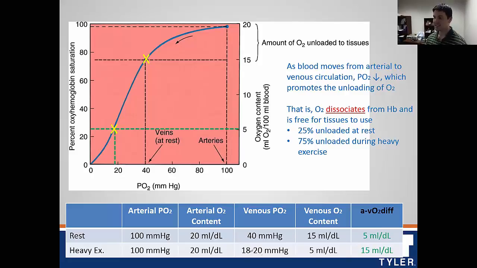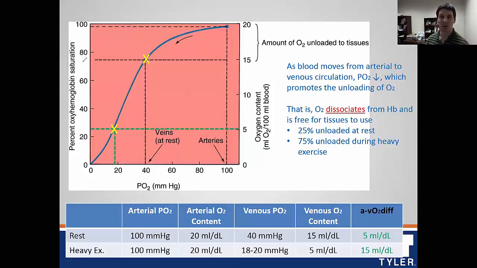So what that does is it creates a stark contrast in the venous PO2. So here in green, we've shown that this PO2, when it decreases, here we have it marked at about 18, right? At 18, because of this very sharp curve, we'll see that we dump off, look, 75 to 80% of the oxygen due to this low PO2.